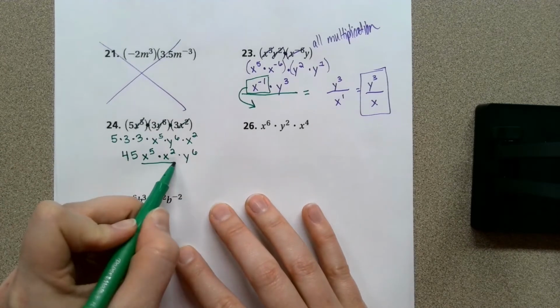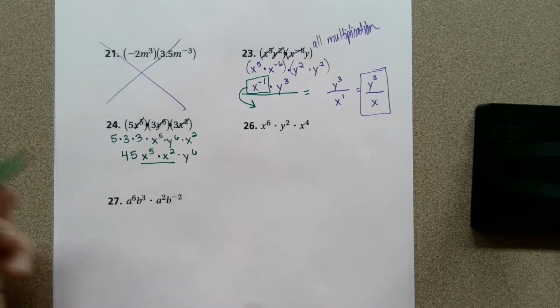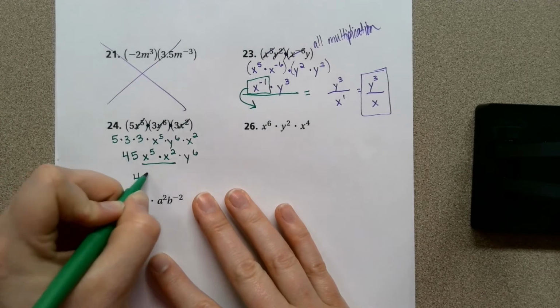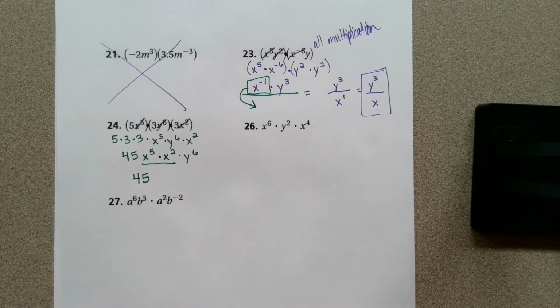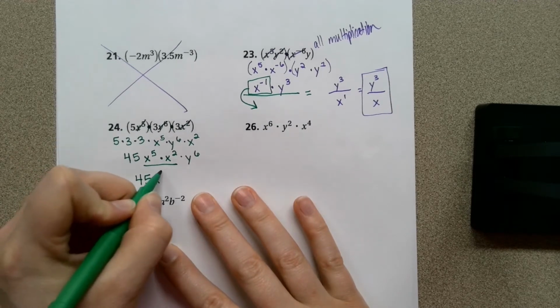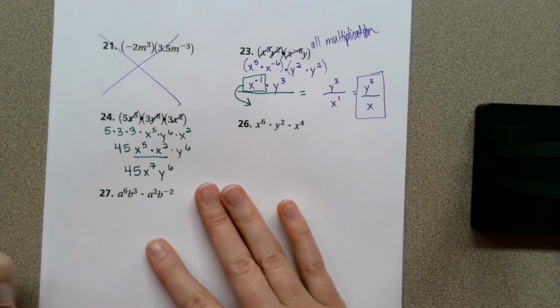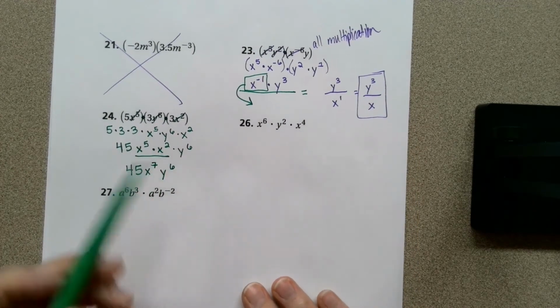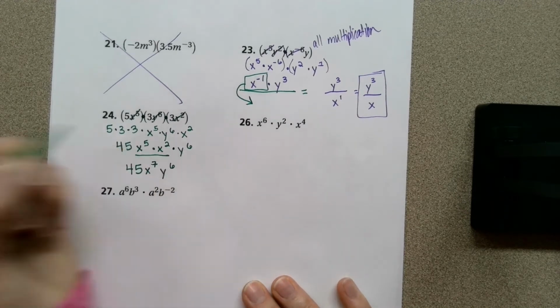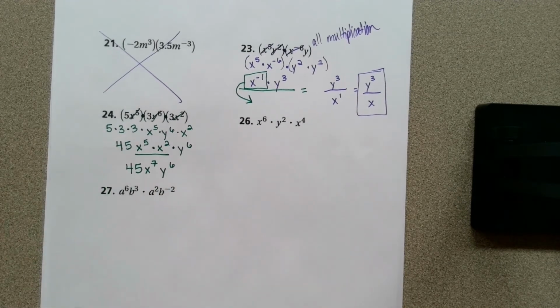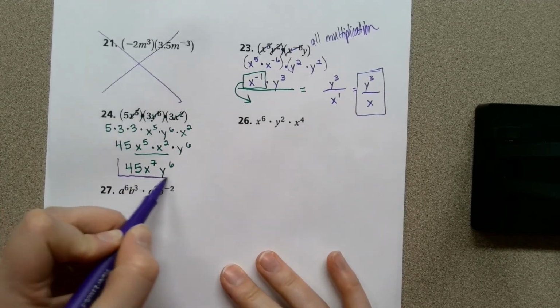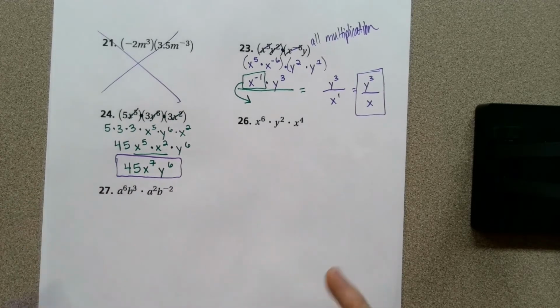I just put those next to each other because they're also like bases, and then from there we can simplify those two terms, giving us x to the 7th, y to the 6th. We don't need those dots in between to show multiplication because it's still multiplication when those variables are right next to each other. We just want to make sure that it's clear to know where each exponent goes all the way through.